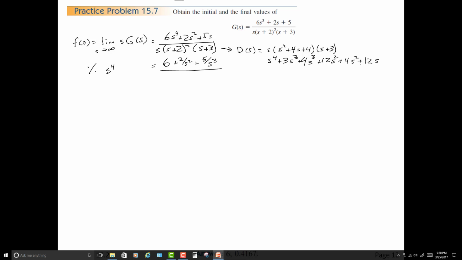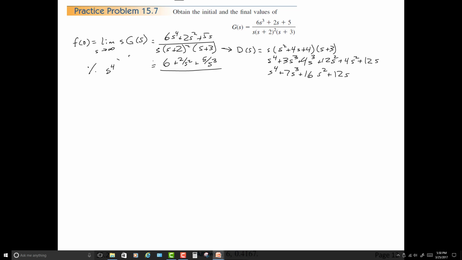And you can sort of see where those are all going to come from. All right, we may need some of that. If we pull all this together, we've got s to the fourth plus 7s cubed plus 16s squared plus 12s.